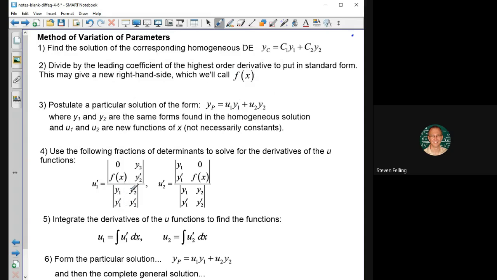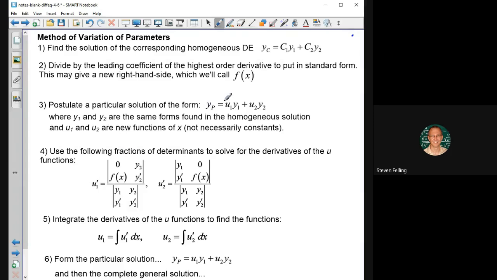Then you use Cramer's rule: for u1, replace the first column by 0, and then put the right-hand side after dividing by the leading coefficient in this position, and leave the original y2 and y2 prime here. That computation will give you the derivative of the u1 function.